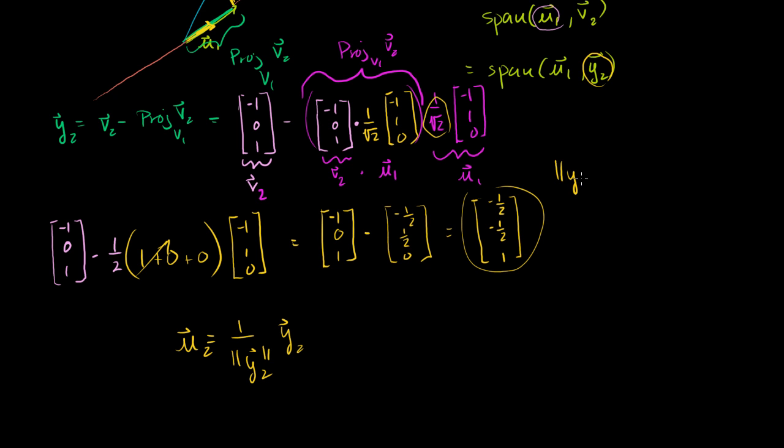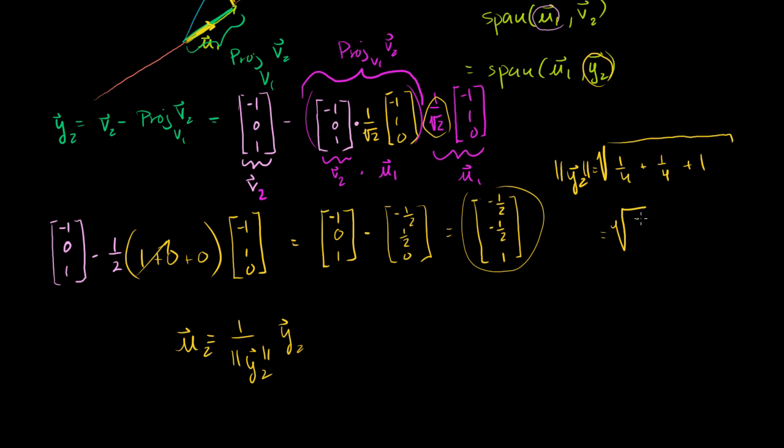The length of y2 is equal to the square root of minus 1/2 squared, which is 1/4, plus minus 1/2 squared, which is 1/4, plus 1 squared. So it's the square root of, what is this? 1/2 plus 1 is 3/2.